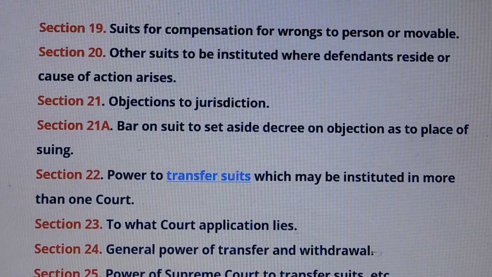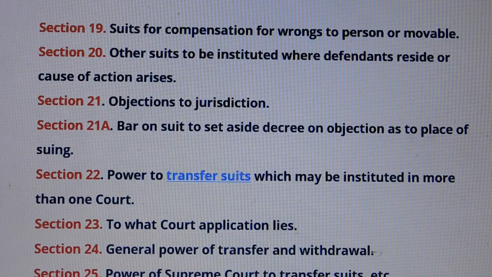Section 21A bar on suit to set aside decree on objection as to place of suing. Section 22 power to transfer suit which may be instituted in more than one court.